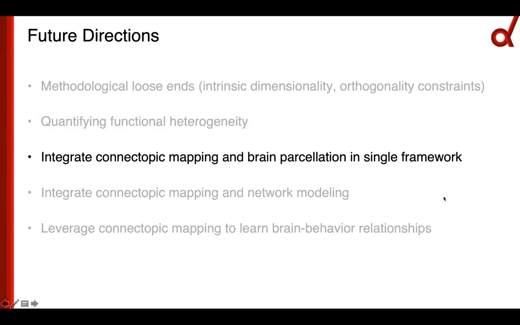It will also be important to integrate connectopic mapping and region parcellation into a single framework. Although the connectopic mapping procedures are relatively robust to small differences in region definition, inaccuracies in definition can affect the results. And the most pronounced differences in results can be expected when one region definition does and another does not include patches of cortex with very different connectivity patterns.